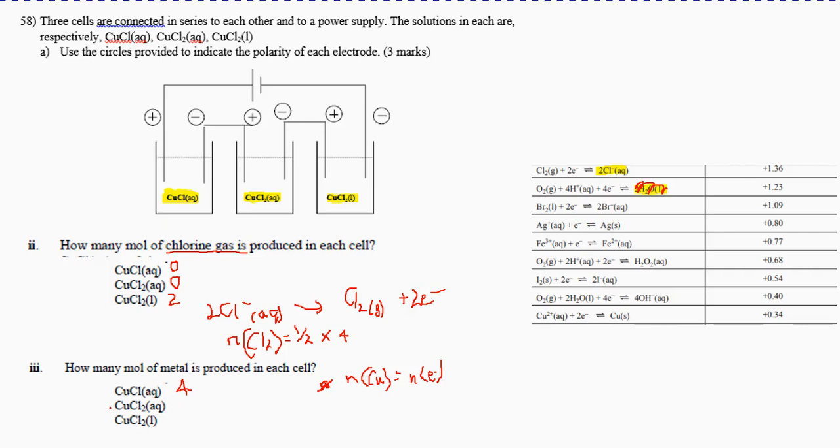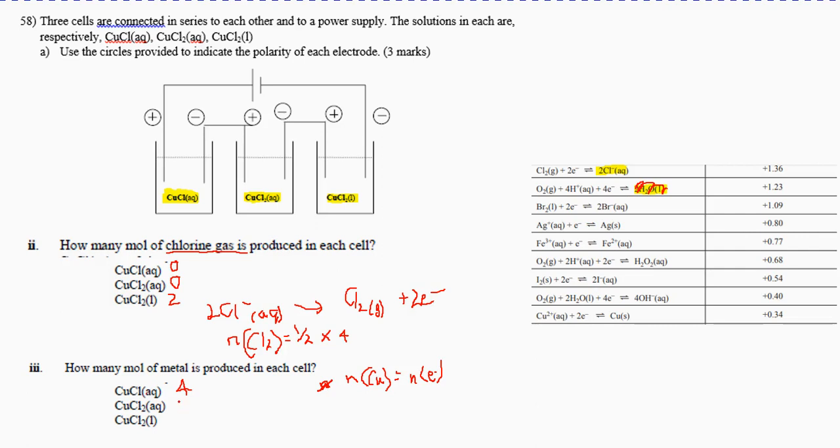The second one, it's copper 2 chloride. So my number of moles for that one, if we look at this equation here, I've got 2 electrons. It's still got 4 electrons that have gone through the cell. So I'm going to be multiplying that by half again.